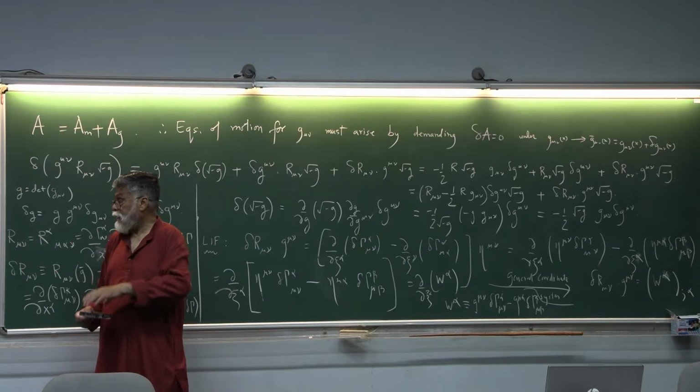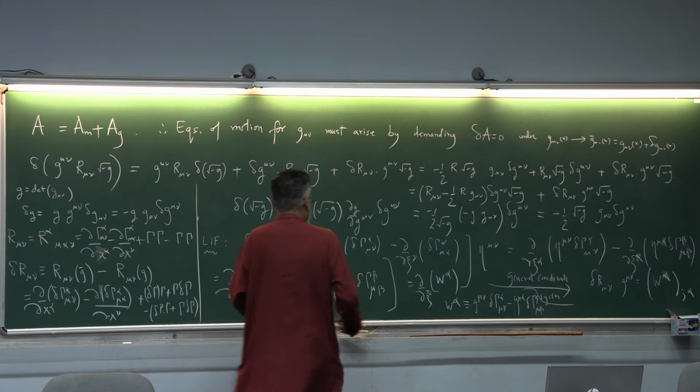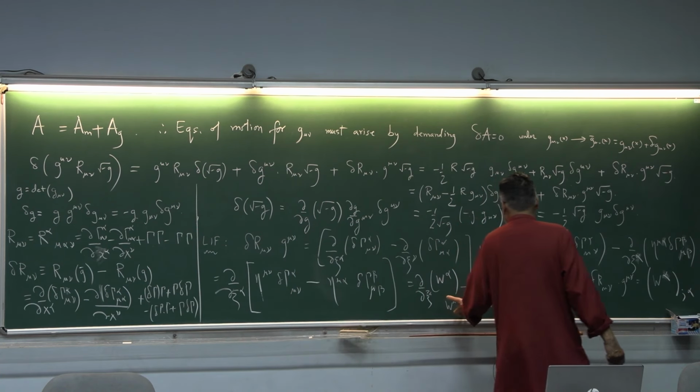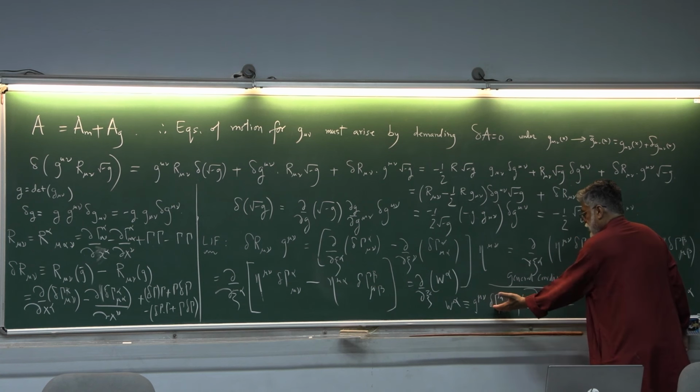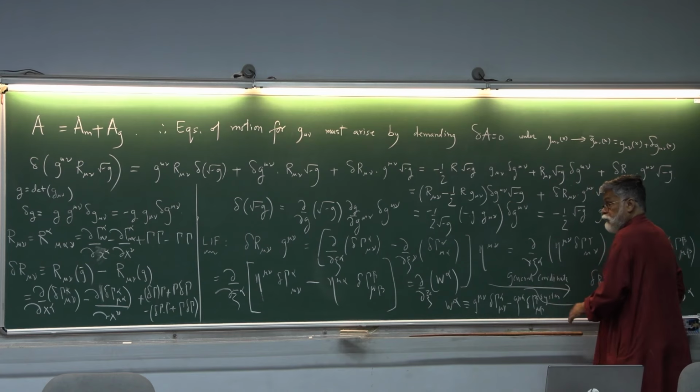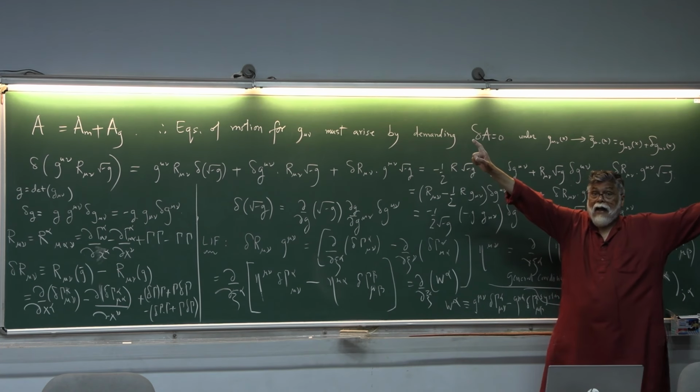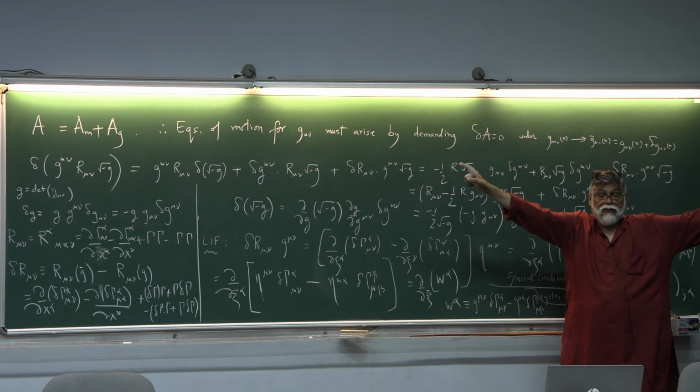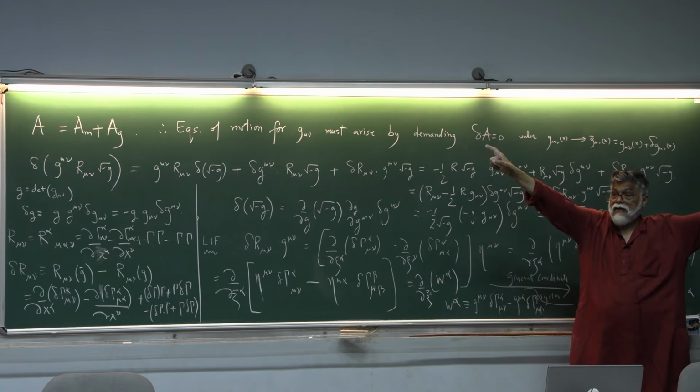What is W alpha? W alpha by definition is a 4-vector which is given in terms of the variation in the Christoffel symbol and the variation in the metric, and at infinity that variation is 0. So the variation in the Christoffel symbol at infinity is 0.